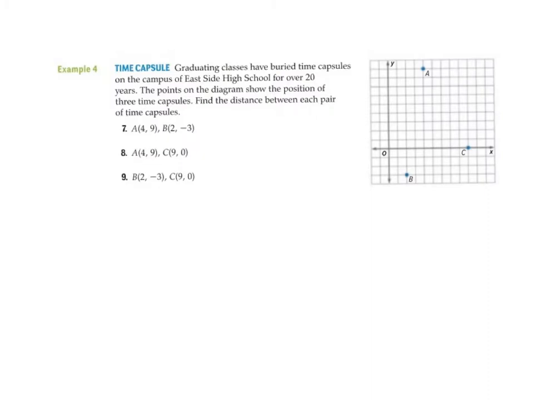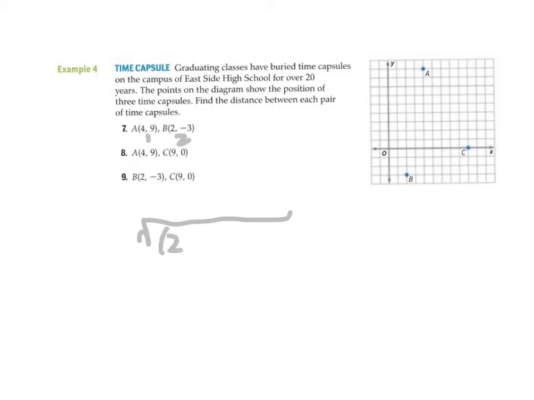All right, so now let's have a look at what we've got for number 7. We've got the points, so let's have a look at what you've got. Okay, you know A is (4, 9), B is (2, -3). Let's put it in the distance formula. I'm not quoting the distance formula, I'm just going to substitute in, and I'm calling this 1 and this 2.